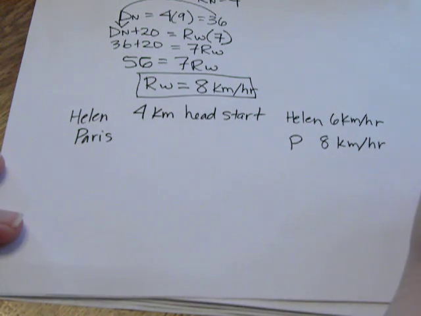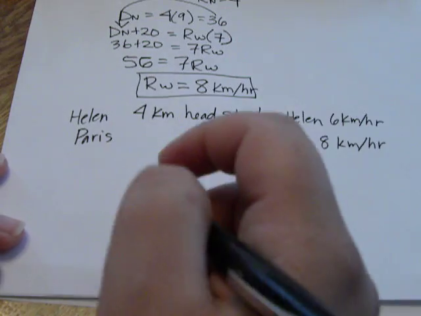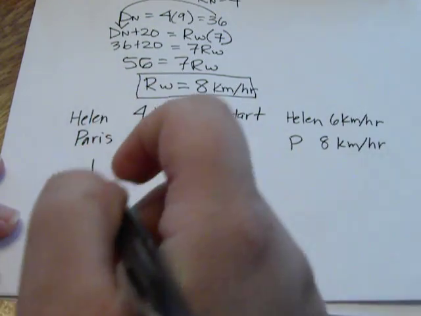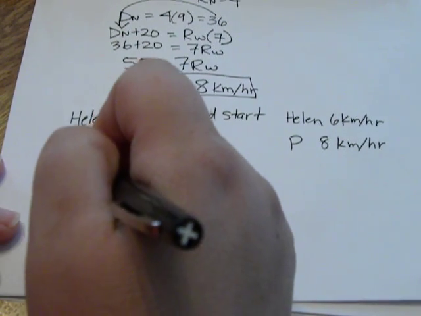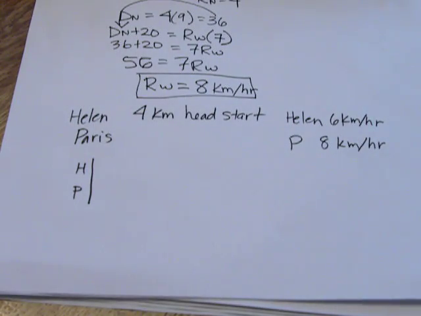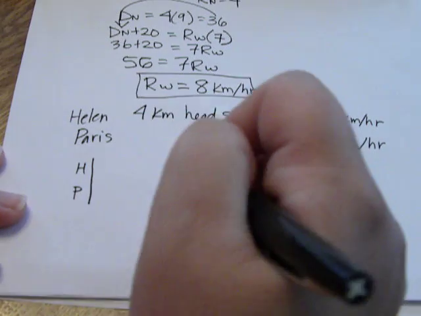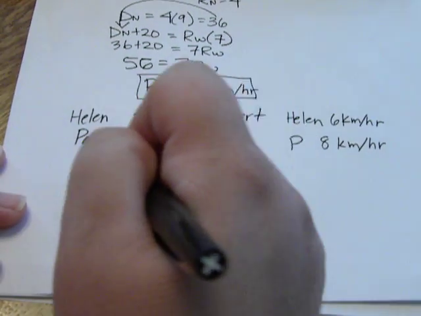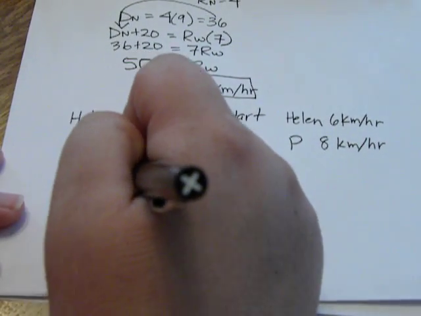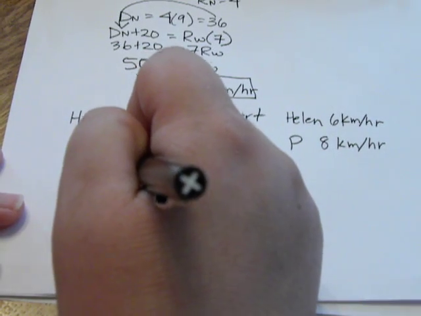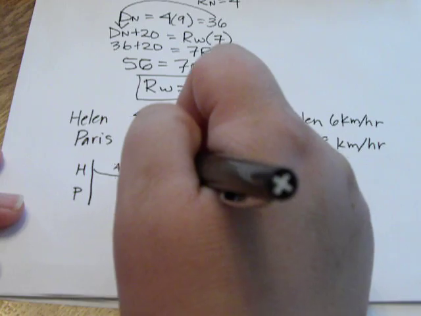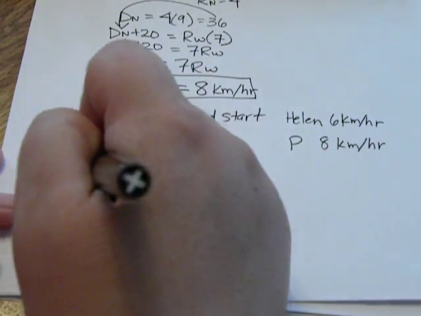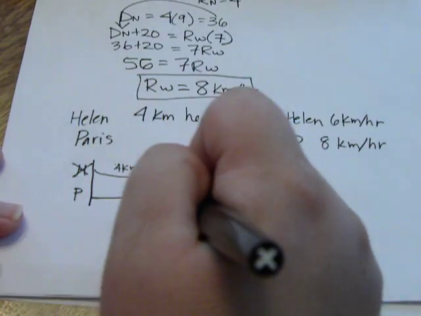Okay, let's see. If you drew a picture where you have Helen and Paris, they are not starting at the same point because Helen has a 4 kilometer head start. So Helen is actually starting up here. This distance here is 4 kilometers.